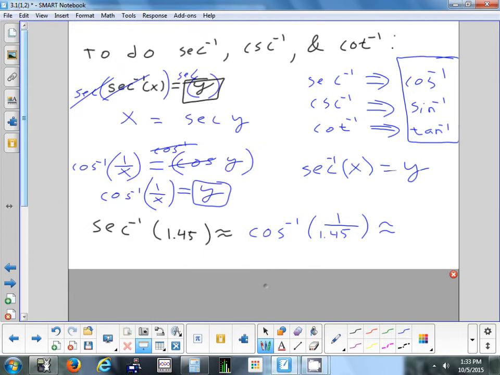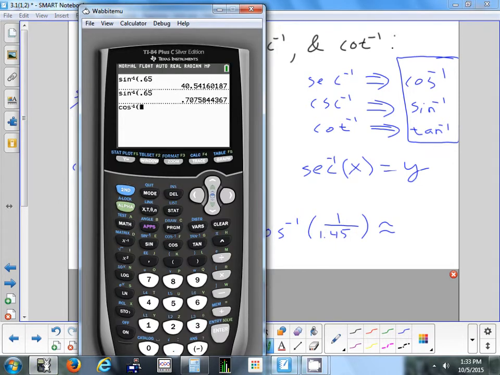So inverse secant of 1.45 is inverse cosine of 1 divided by 1.45. For division, make sure you use the divided by sign. Some people have a fraction button that says ABC. That doesn't work. Just use your divide by sign. And we get about 0.81.